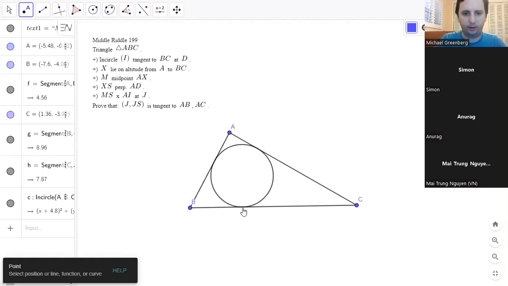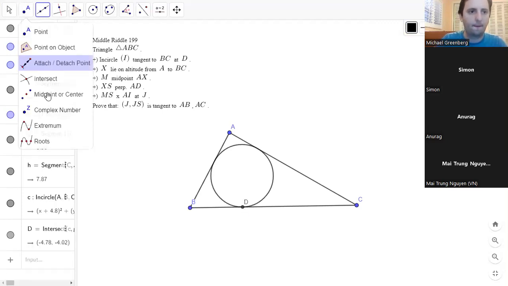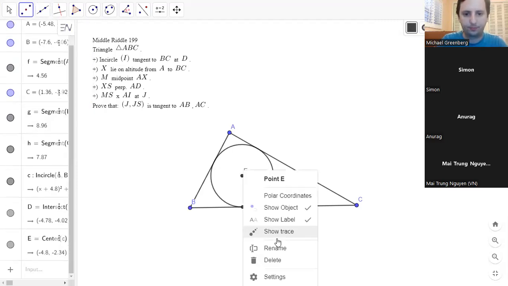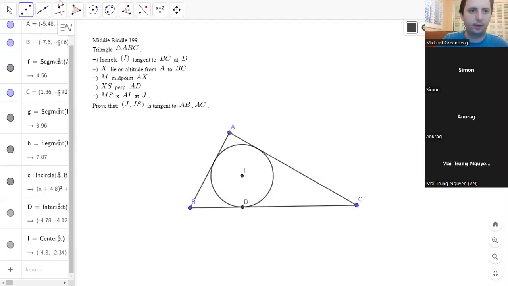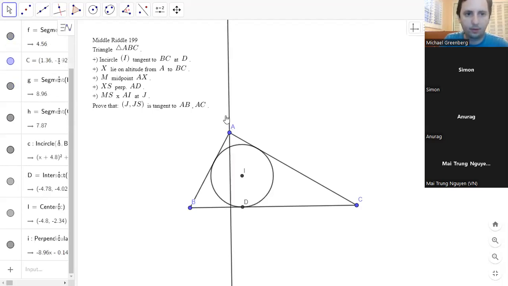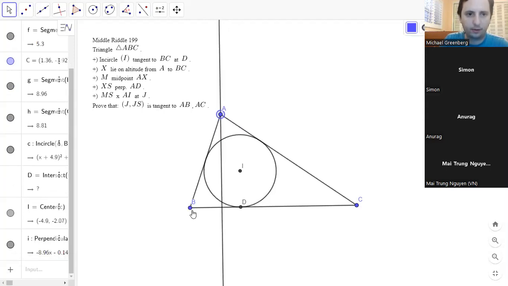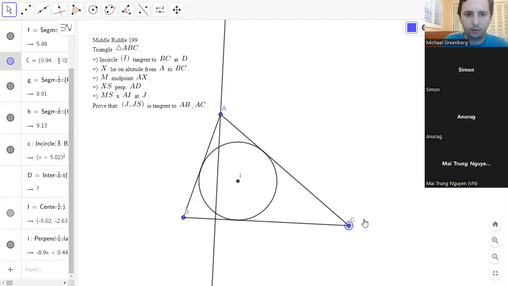And it's tangent at B, and I is its center, and X is on the altitude from A to BC. Okay. I don't know if X is the altitude or some point lying on the altitude.